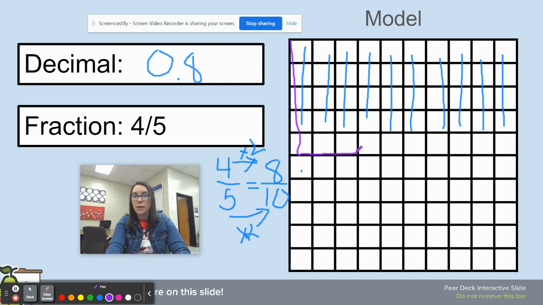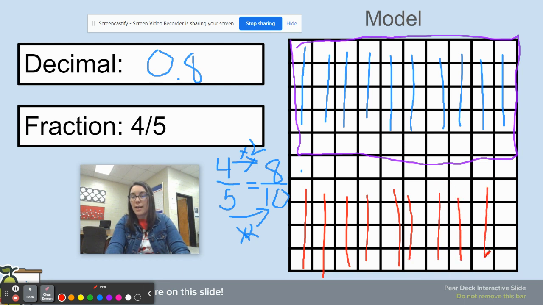Those are all groups of 5. And then if you did the same thing on the bottom, but I'm going to leave this one blank this time. Here's 4 fifths, 4 fifths, 4 fifths, 4 fifths. This would be the long way.